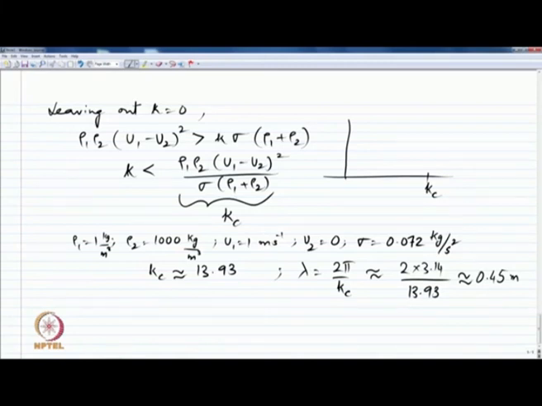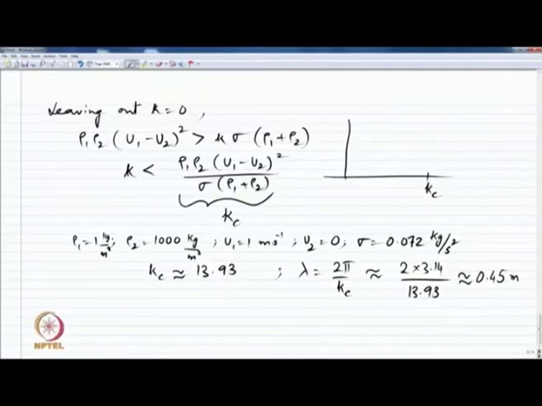Now, remember this is the lambda cutoff, that is you will not see waves shorter than 0.45 meters. That is the meaning of lambda cutoff, k cutoff being 13.93.